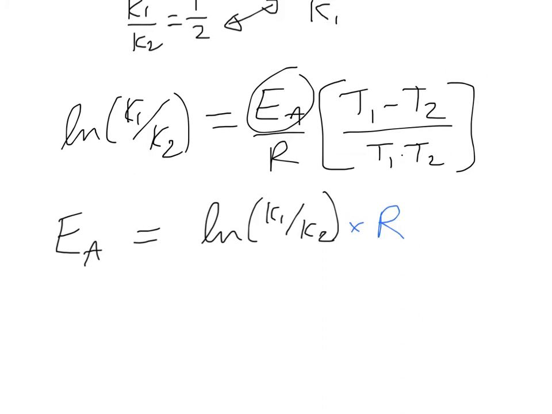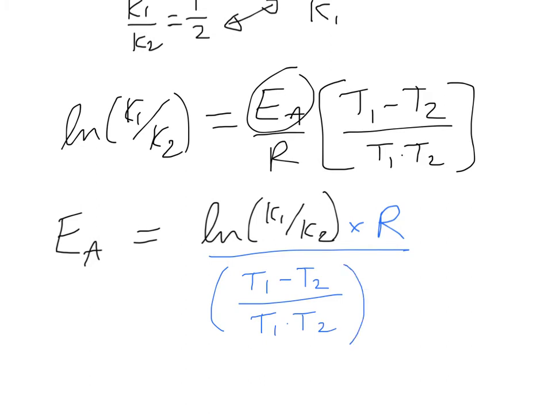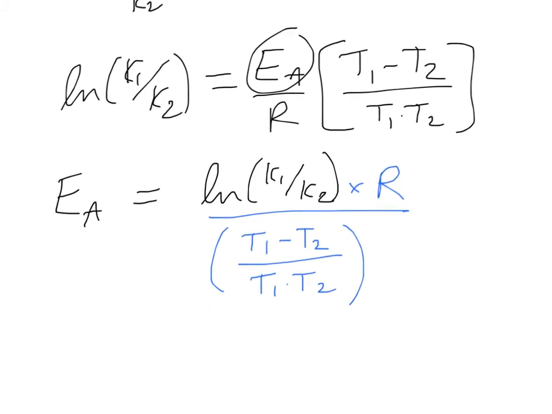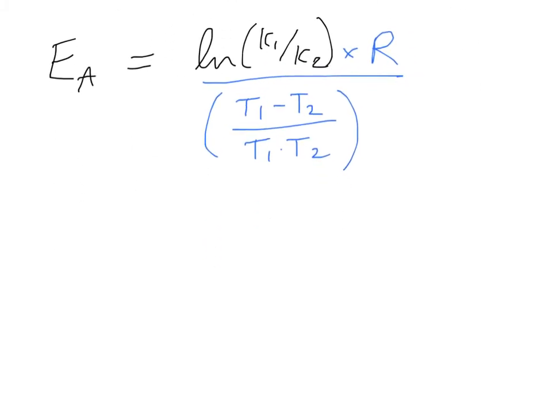If we divide both sides by this, that puts it underneath there. So that's T1 minus T2 divided by T1 times T2. So with a little bit of algebra, we can get EA all by itself. At this point, we can plug and chug everything in.